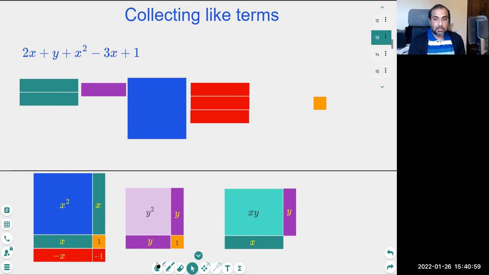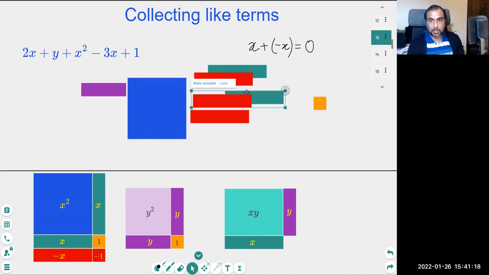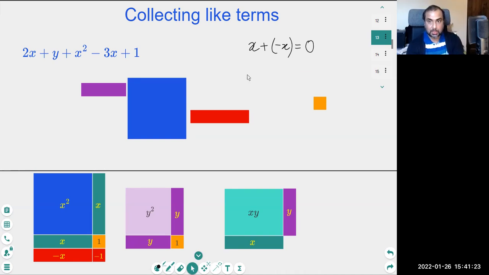the x tiles and the negative x tiles would actually join up as the tile and the anti-tile. It's got its evil twin, the tile and its evil twin, so that they annihilate each other to make zero. And these terms are actually used in particle, antiparticle in physics as well. So this becomes zero, and I'm just going to remove them all together. They're gone.